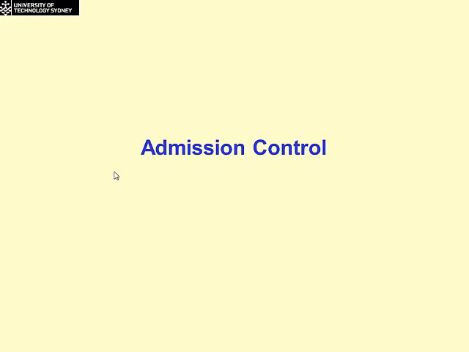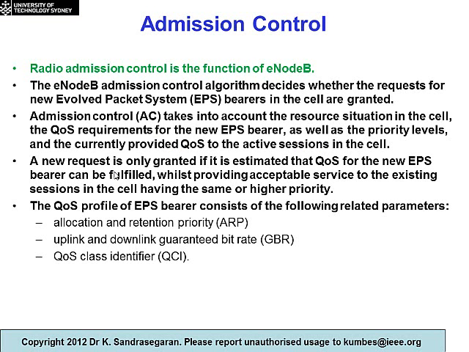Let's look at admission control. What do we mean by admission control? It's a process by which the eNode B decides whether a new user request should be accepted or not. We have algorithms running within the eNode B, and these algorithms receive requests from UEs and look at the current situation in the network, in terms of the current bearers and the quality of service associated with them.